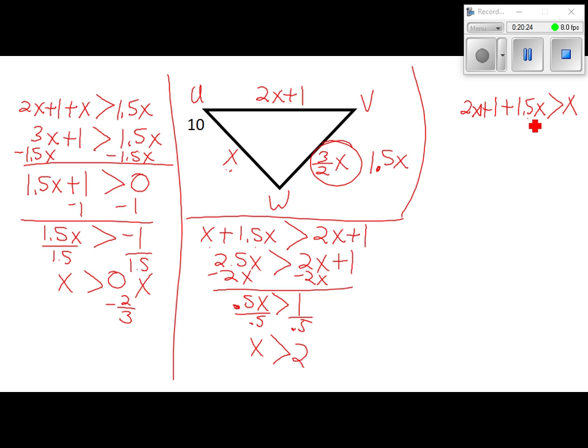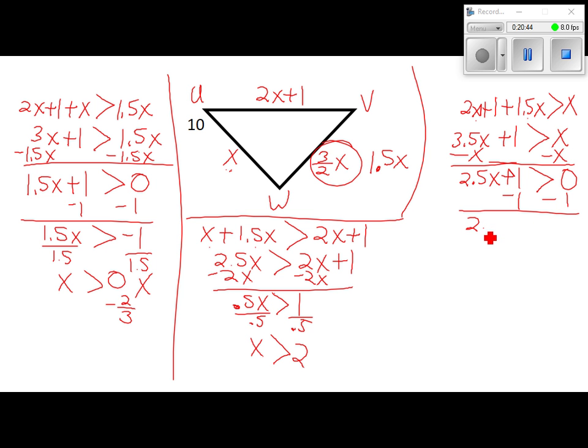Collect like terms, that's 3.5x plus 1 should be greater than x. Subtract x on both sides. You end up with 2.5x plus 1 is greater than 0 on that side. Subtract 1. You end up with 2.5x is greater than negative 1.